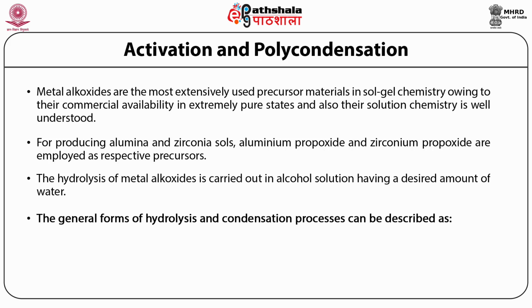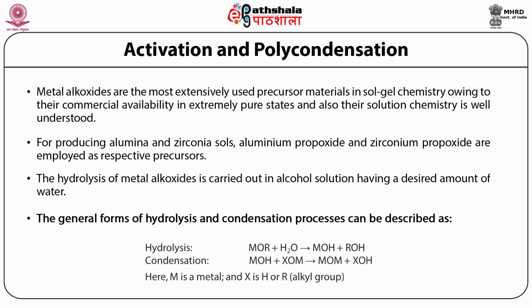The general forms of hydrolysis and condensation processes can be described as: hydrolysis is MOR plus H2O gives MOH plus ROH. The condensation processes: MOH plus XOM gives MOM plus XOH. Here, M is a metal and X is H or R, that is an alkyl group.